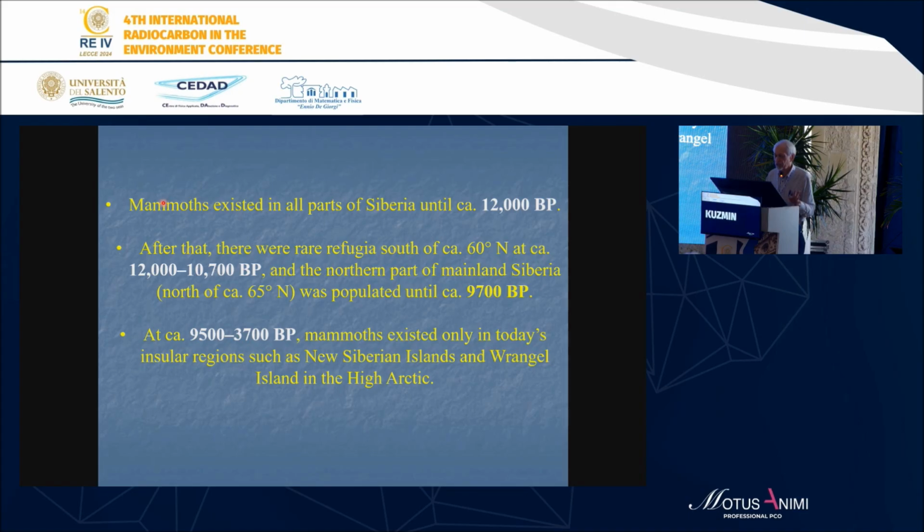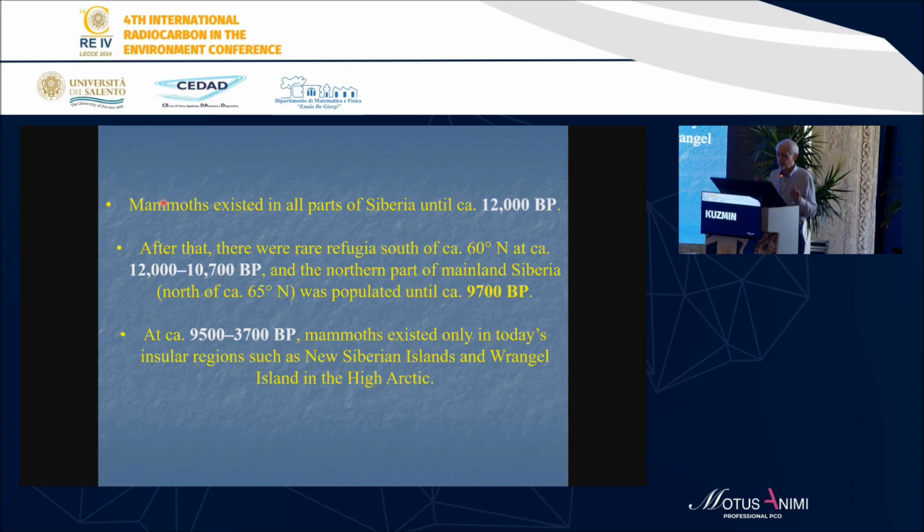After that, we have very few refugia south of 60 degrees north, between 12 and 10,700. At that time, mammoths populated mostly the northern part of the mainland, the Arctic, until 9,700. After that, they existed only in what today are islands.